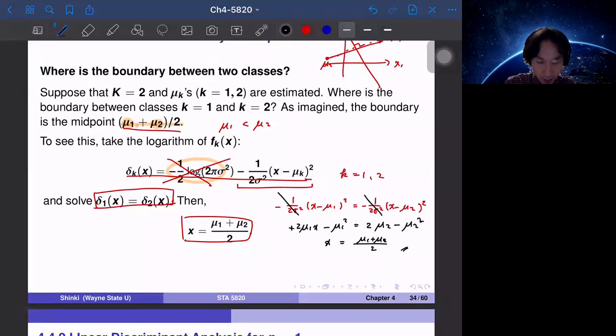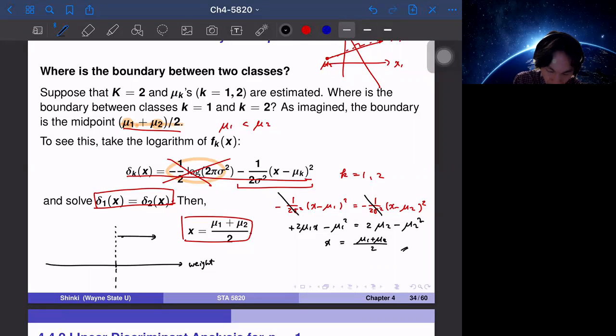And we discussed the simplest case, that k is equal to 2 and x is one-dimensional. Then what's the threshold? For example, think about the weight, and suppose the giraffes are heavier than horses, then we should have some threshold.